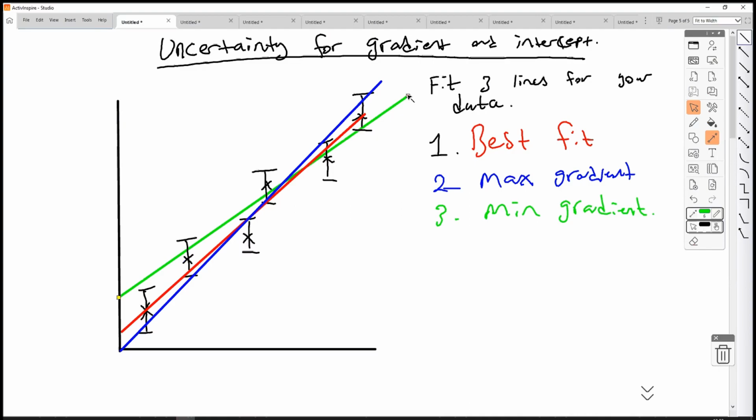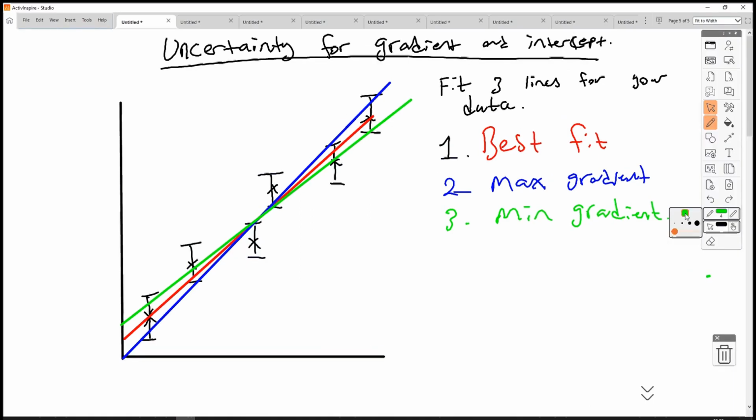We'll just do an initial line and then adjust it to make it fit. So it's going through that there. We have to now adjust this line to make it go through every other. There we go. Yeah? So now it's going through every other error bar with the lowest gradient possible. And those are our 3 lines.